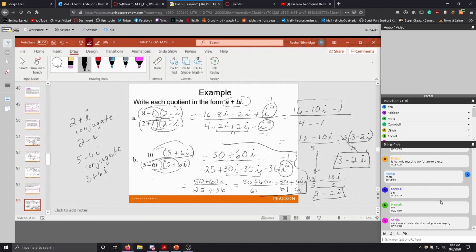They don't want the denominator underneath one fraction sign. So they're going to want you to split those up into two fractions so that you have a real part and an imaginary part. Questions on that now? Hopefully I did everything right after that.